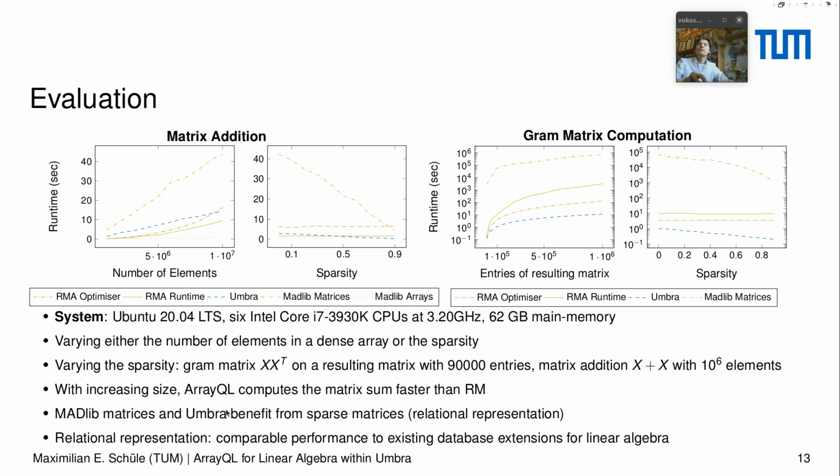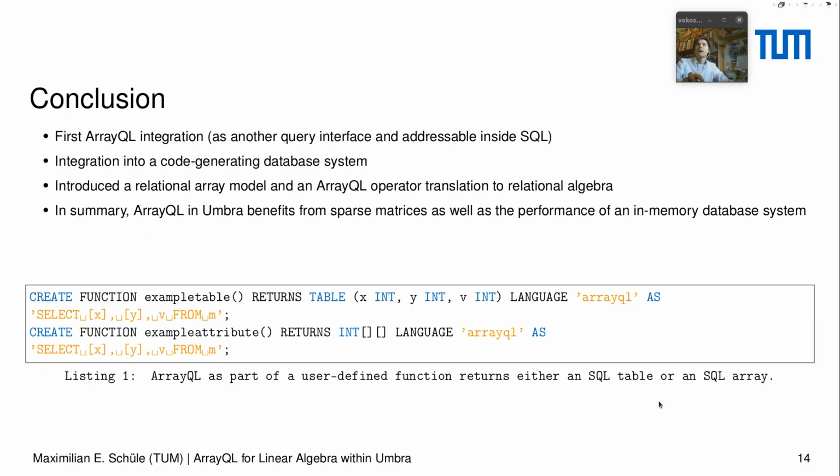To summarize, a relational representation shows comparable performance to existing database extensions for linear algebra, like RMA and MATLAB. To conclude, this talk presented the first ArrayQL integration. This was integrated as another query interface and was addressable inside of SQL.